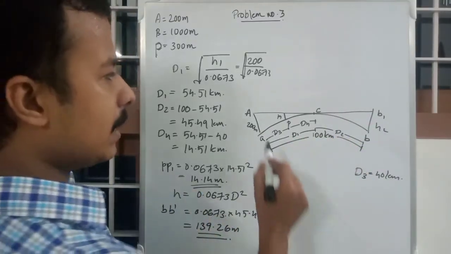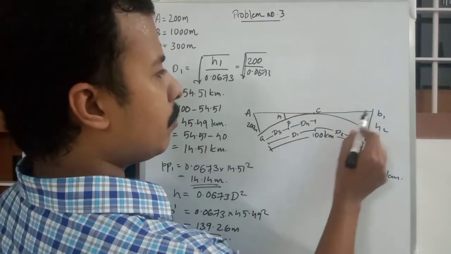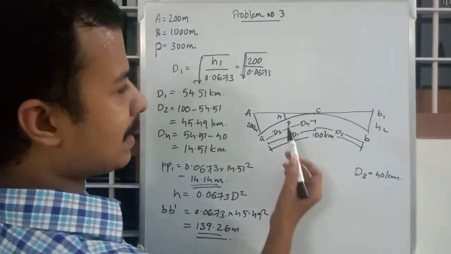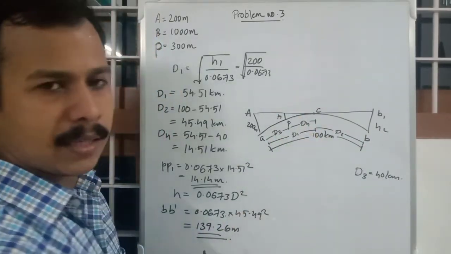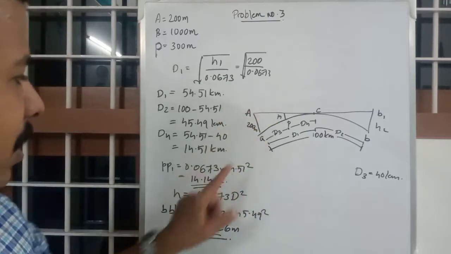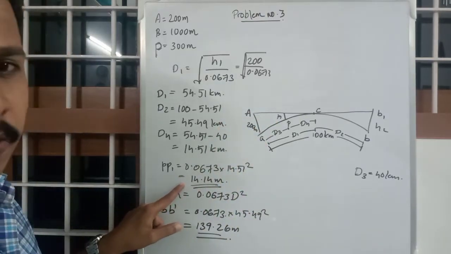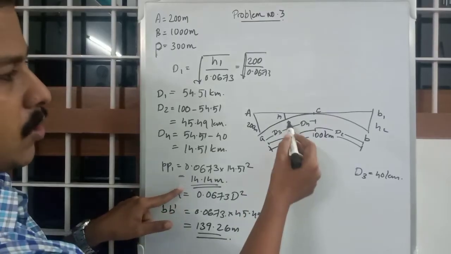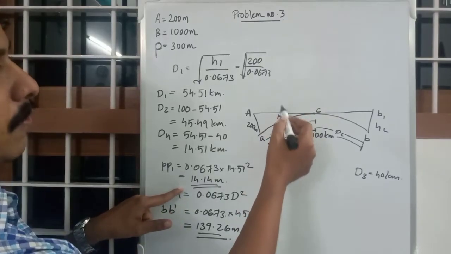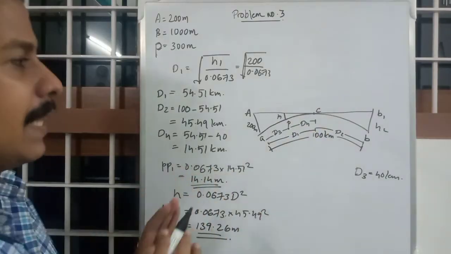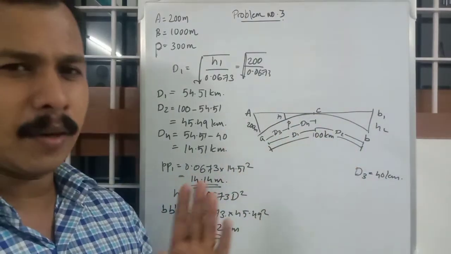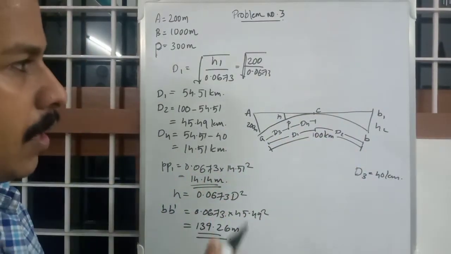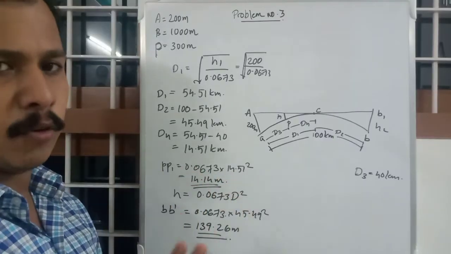Obviously this line of sight will not be possible because there is a peak here with 300 meters, and this PP1 distance is only 14.14 meters. The rest of the height is lying on the top of this line of sight. So this line of sight will not be practical, so we are adopting a change of approach.